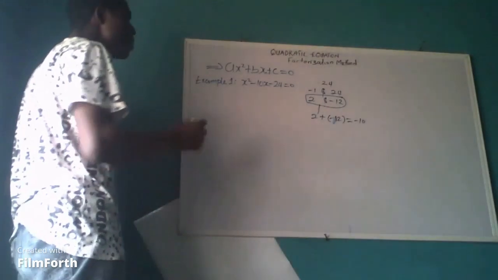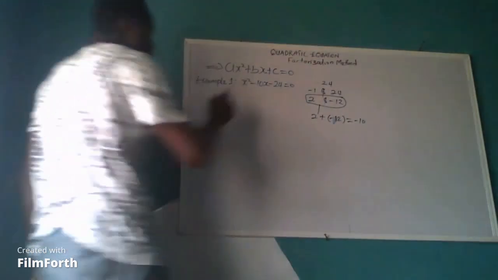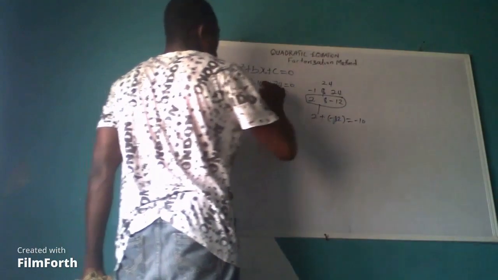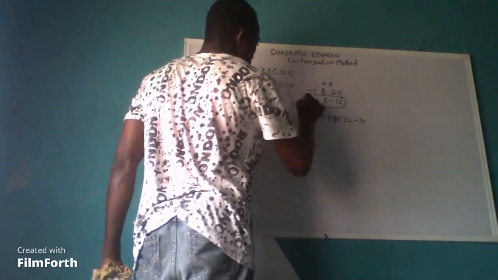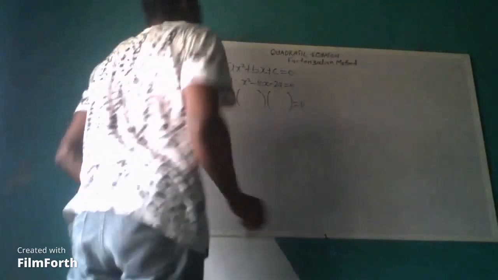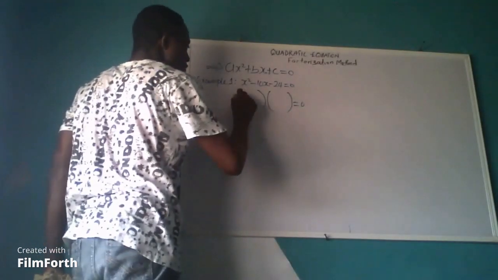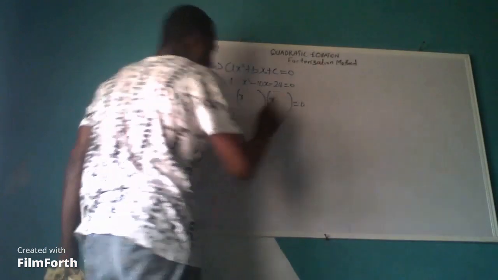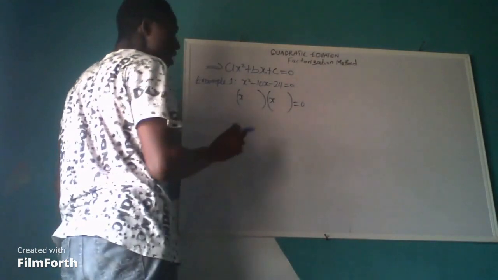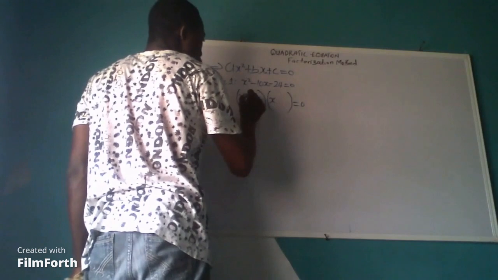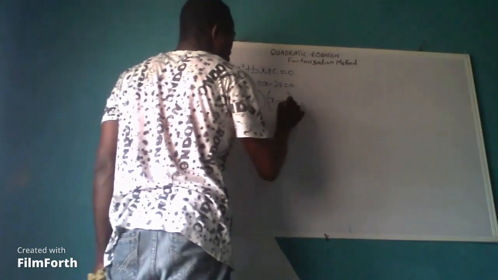Now having gotten the factors, what do we do? Just put down two brackets. This is the 0 here. Since we have x squared here, you have x times x to give you x squared. Then the factors that we have realized, we have plus 2 and minus 12.